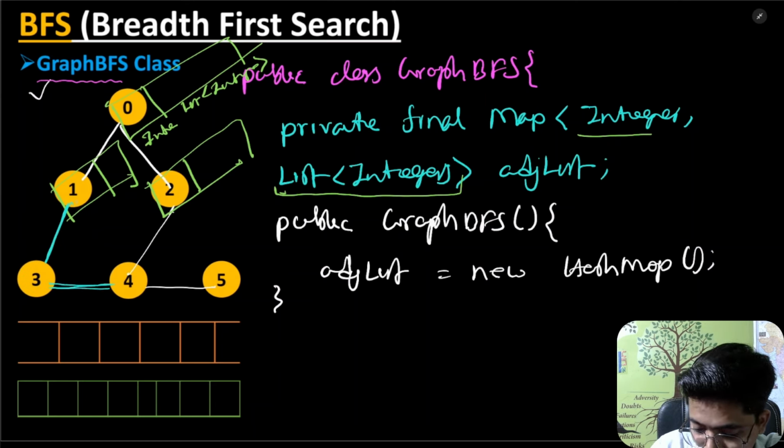So queue.add(startNode), and similarly visited.add(startNode). By now we have added the element into both the queue and the set.